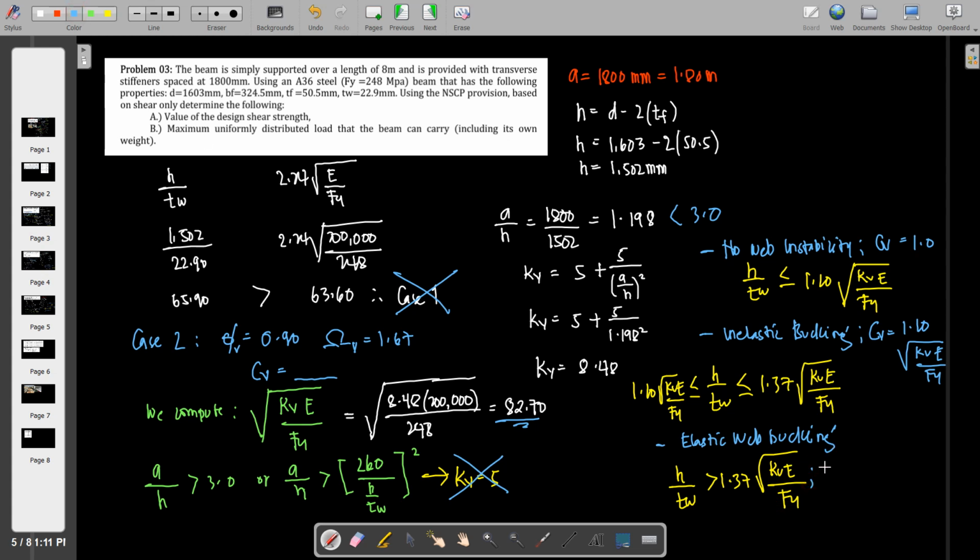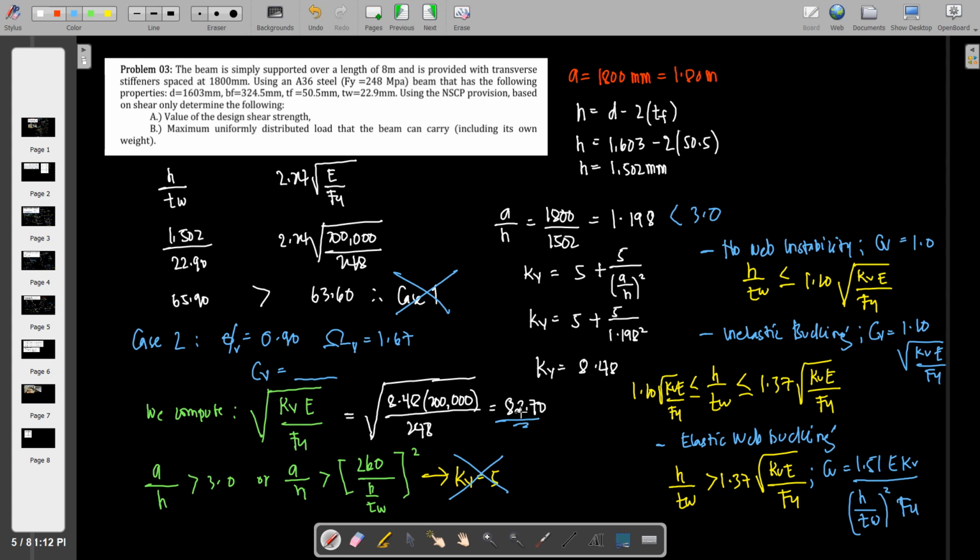Yung Cv natin dito is calculated with this formula: 1.51 E times Kv all over H/TW, this is squared, times your Fy. So, meron na tayong value ng expression ito, square root of E all over Fy, that is 82.7.